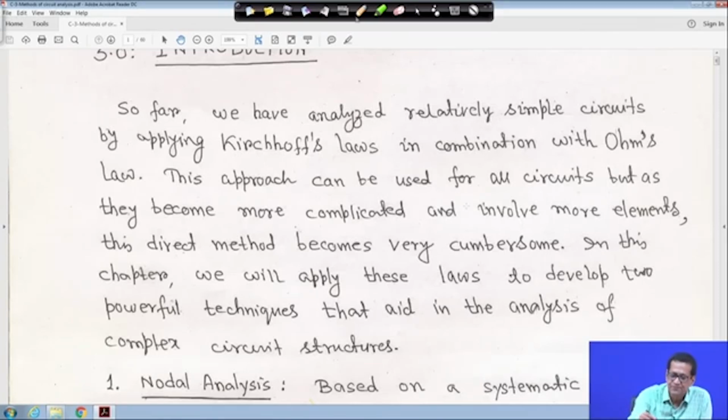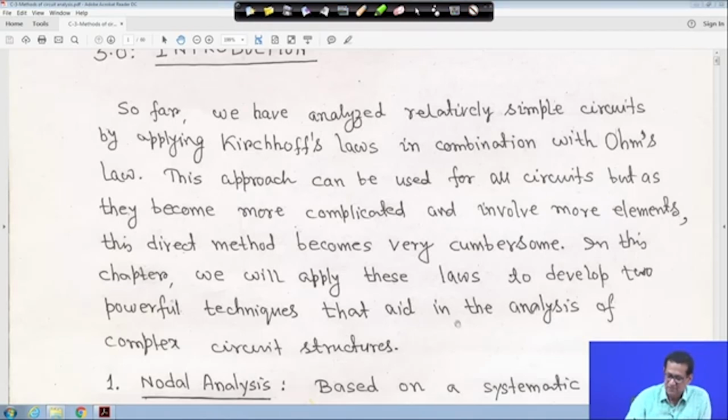This approach can be used for all circuits, but as they become more complicated and involve more elements, this direct method becomes very cumbersome. So in this chapter we will apply these laws to develop two powerful techniques that aid in the analysis of complex circuit structures.